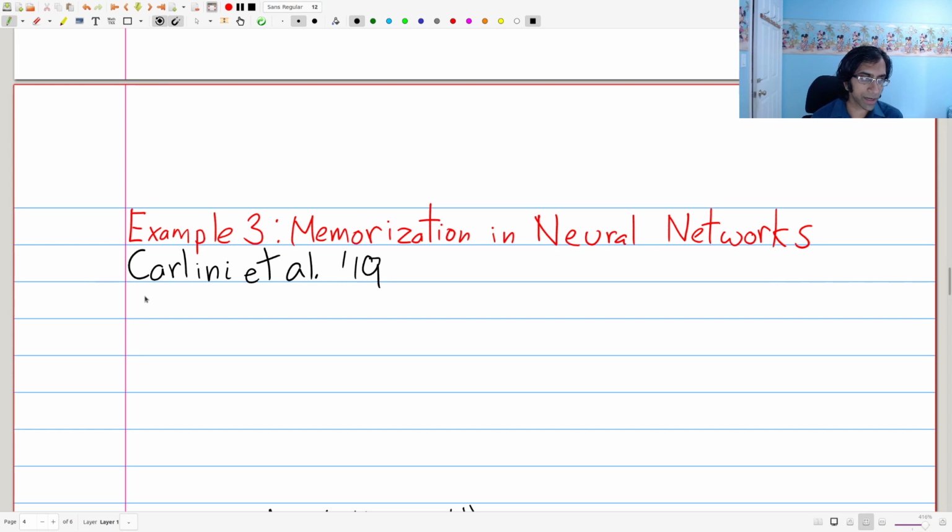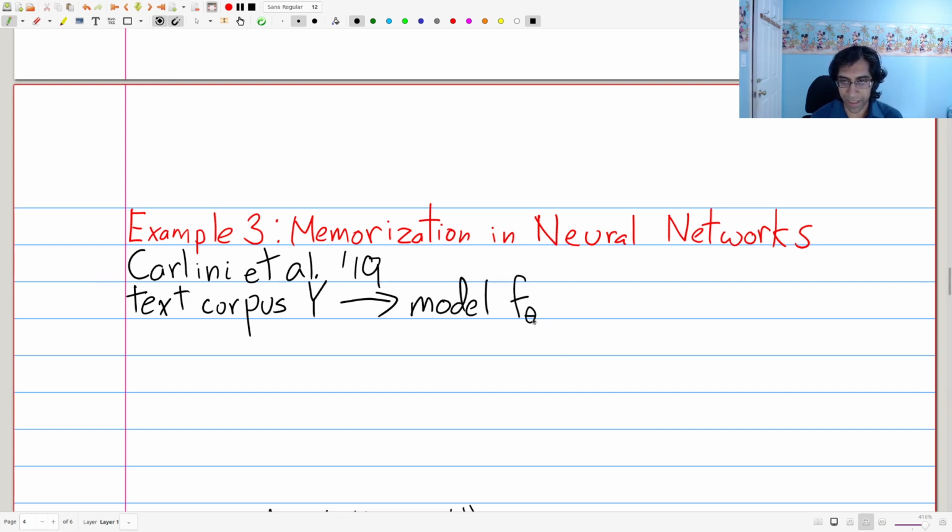They looked at a setting where there was some text corpus Y, the training data, and you train a neural network on it, which results in a generative sequence model, or model f sub theta. This theta is the unknown parameters of the model which has been trained.